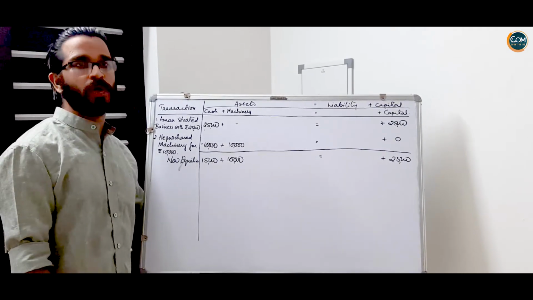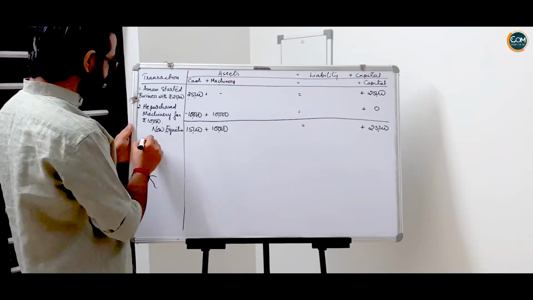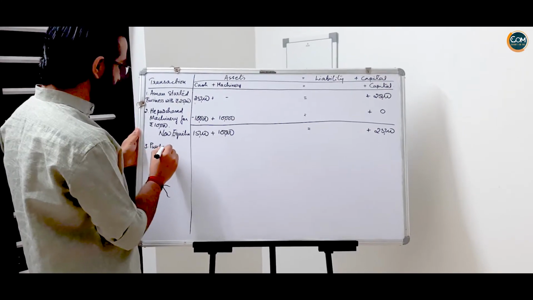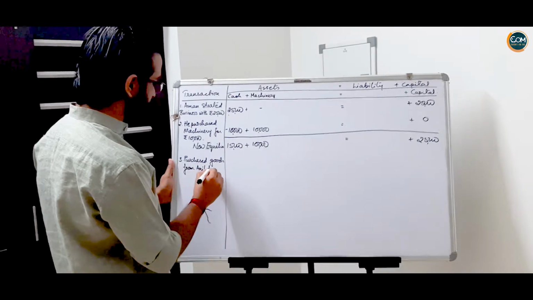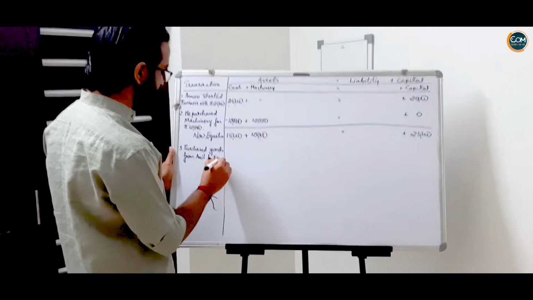Let us look into another example. The next action is purchased goods from Anil for ₹1,000.